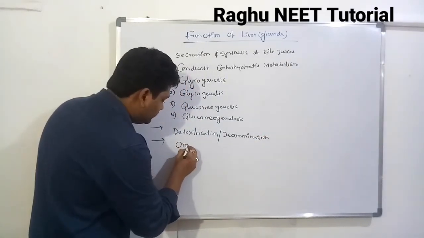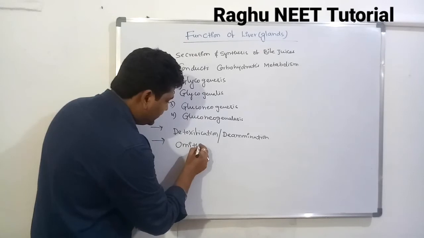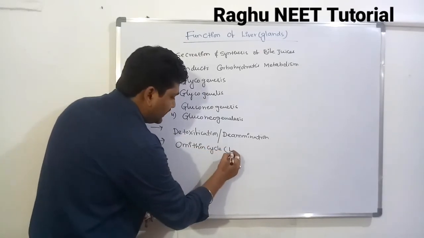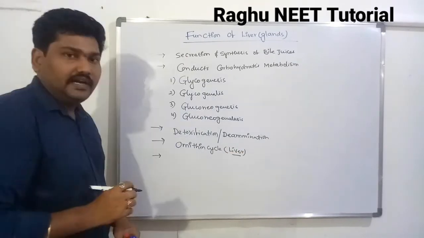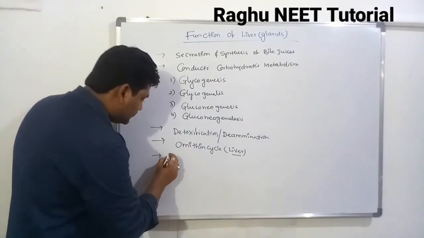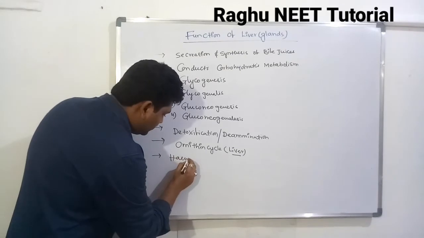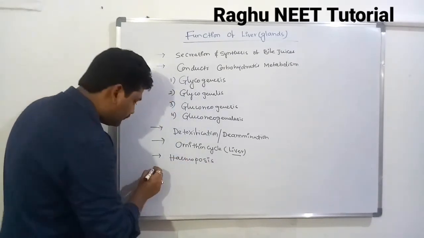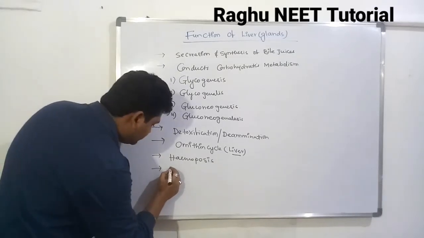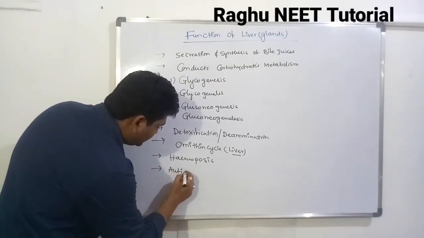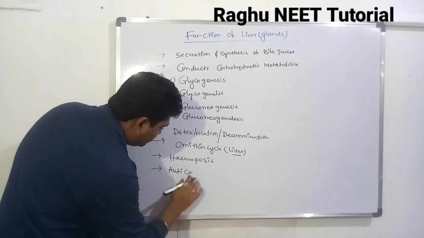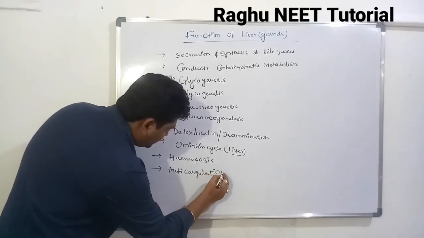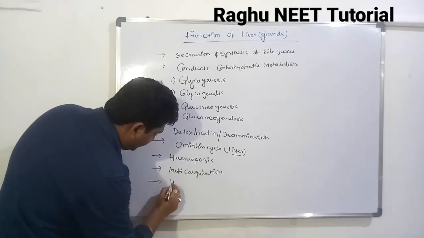Detoxification and deamination. The ornithine cycle occurs in the liver region. It is like hemopoiesis, formation of blood. It acts as an anticoagulant, with secretion of heparin.